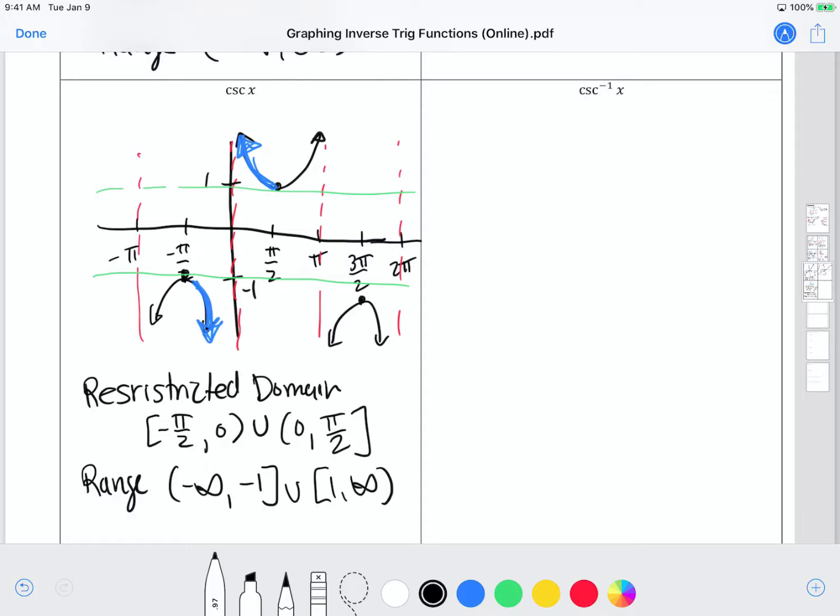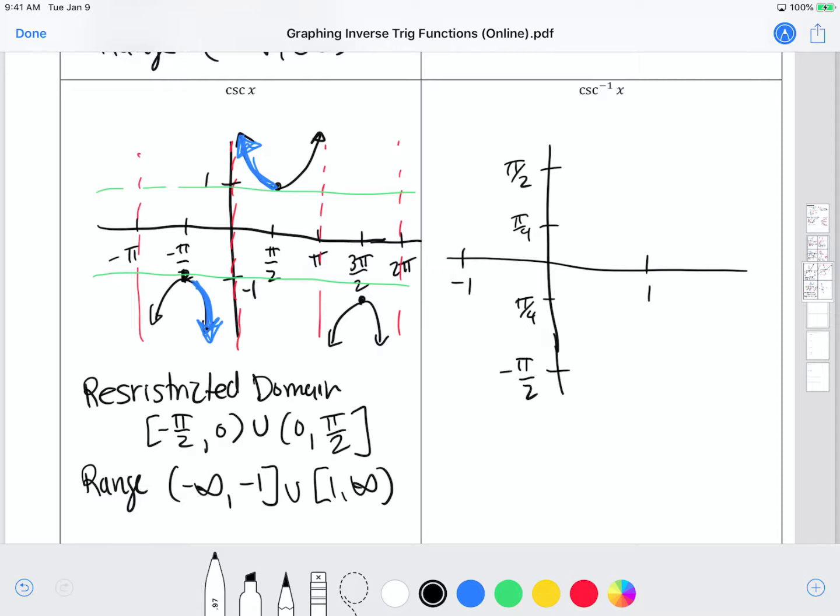So now when we go to graph the inverse and we switch the x's and the y's, if we have the point on the mother function, negative pi over 2, negative 1, then on the inverse, we're going to have the point negative 1, negative pi over 2, which is right here.